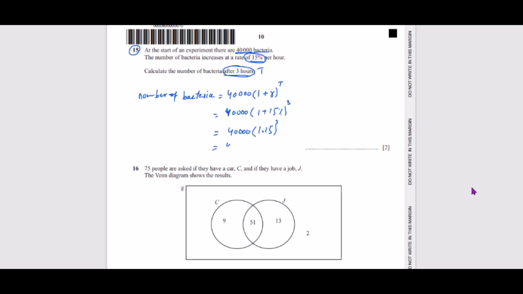So 40,000, calculate these values, 1.15 raised to the power 3, that is equal to 1.520. Multiply these values, we get 60835. This is our final answer.